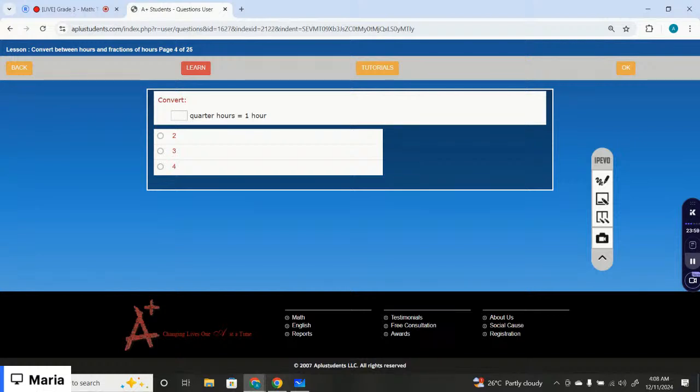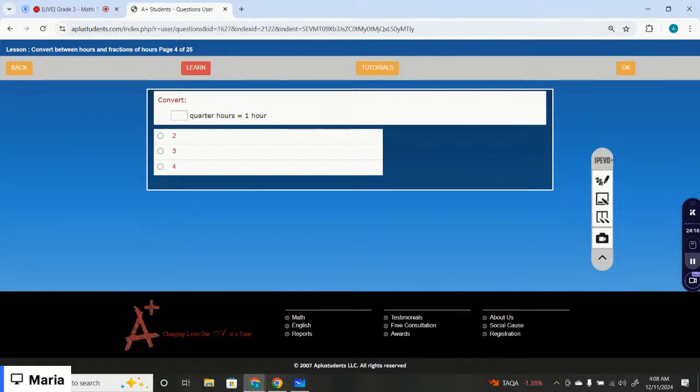1 hour equals how many quarter hours? 1 hour equal 4 quarter hours.